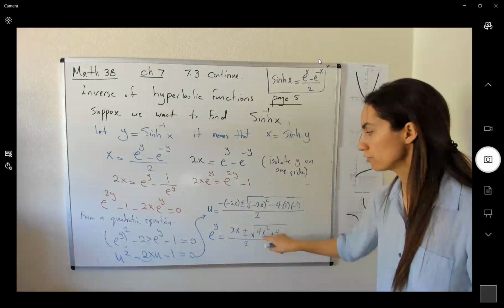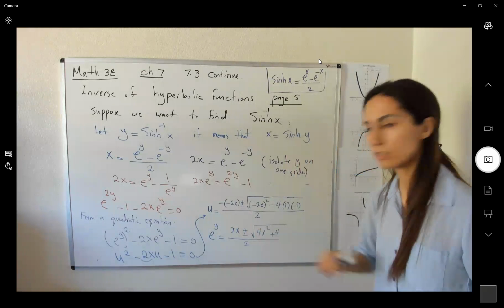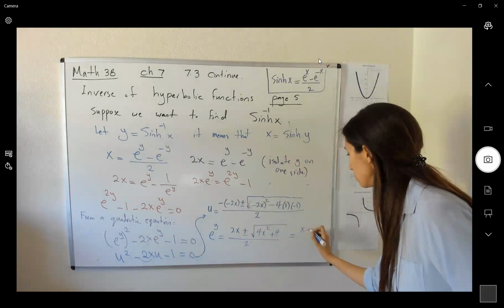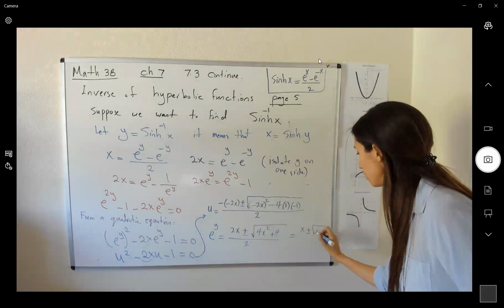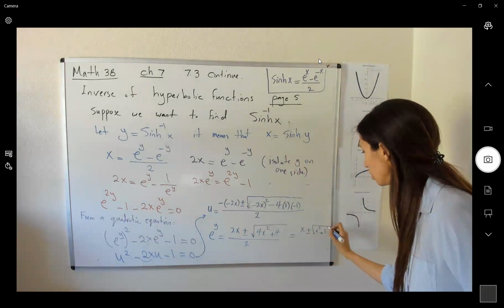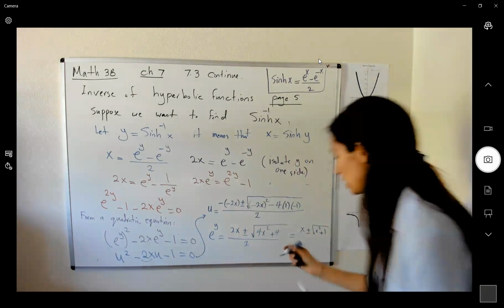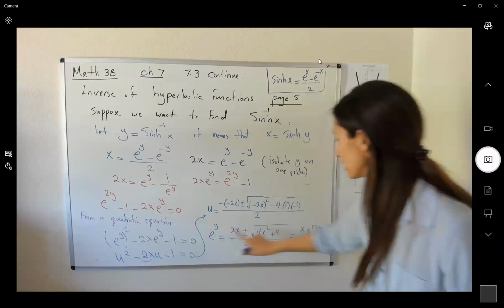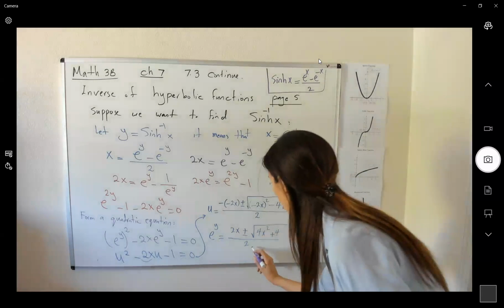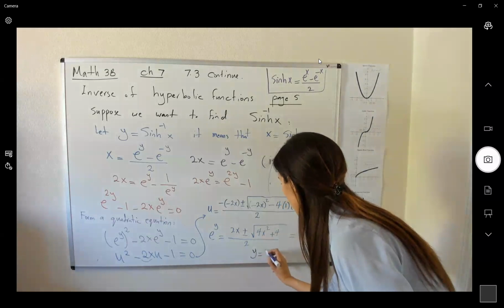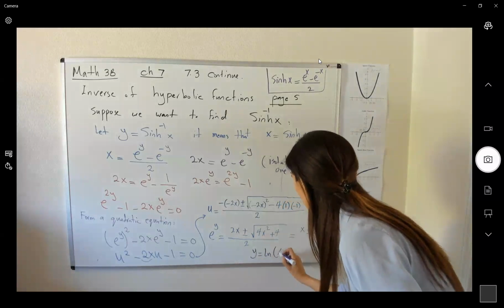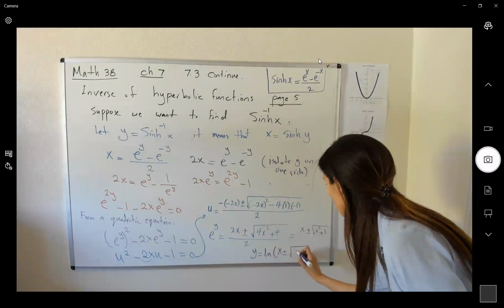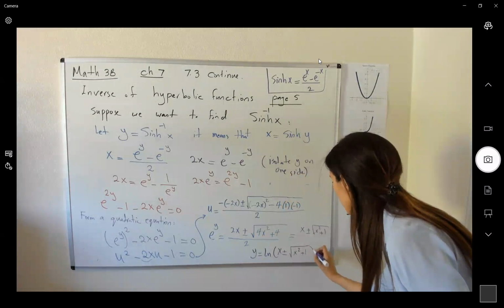If you factor out 4, you can get rid of 2. So e to y is equal to x plus minus square root of x squared plus 1. So your y is equal to, to get rid of e, you take ln, y is defined as ln of x plus minus square root of x squared plus 1.